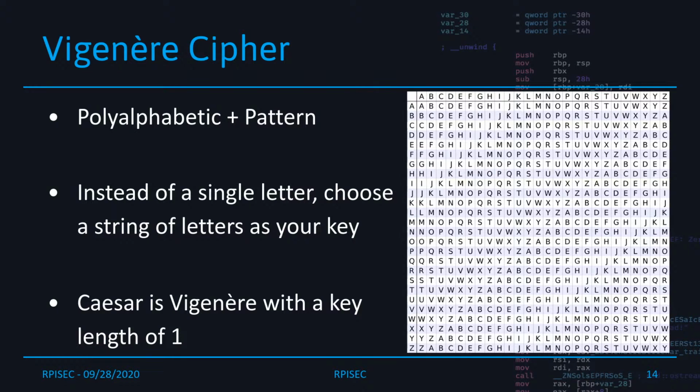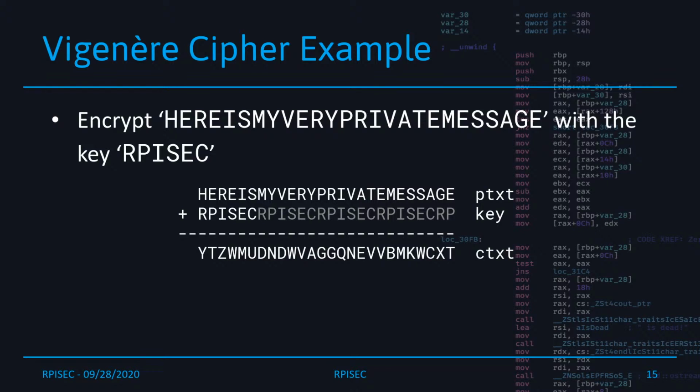So what we want to try instead is choosing a string as our key. In fact, if you think about it, the Caesar cipher is kind of like a subset of this cipher here, which is known as the Vigenère cipher, invented by some French guy, I'm assuming. The way Vigenère works is you choose a key, which is a string, and you have your message.